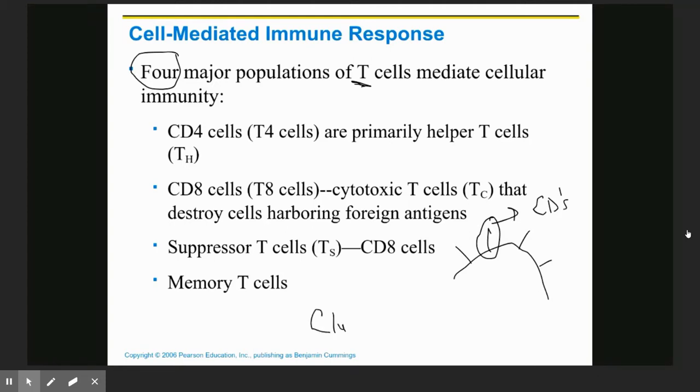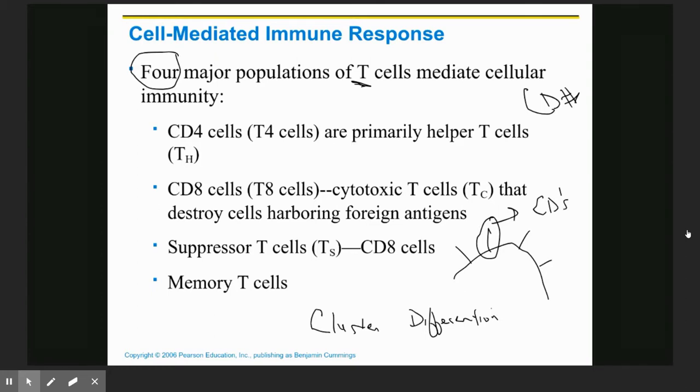In other words, it's a way to differentiate cells. Now, there are a lot of these CDs, but we're not going to be interested in hardly any of them. You'll see the word CD, and then there's going to be some number after it. There's 20, 25 of these different proteins. There's a bunch of them.